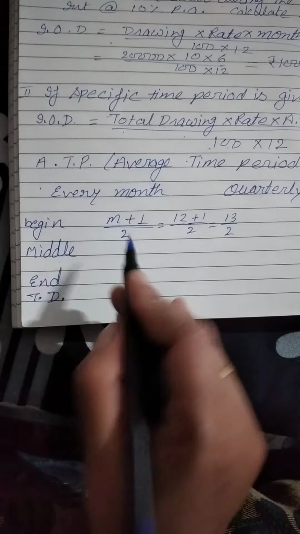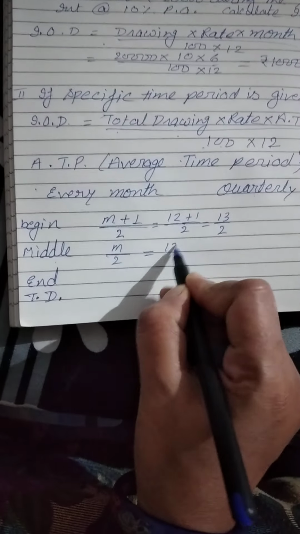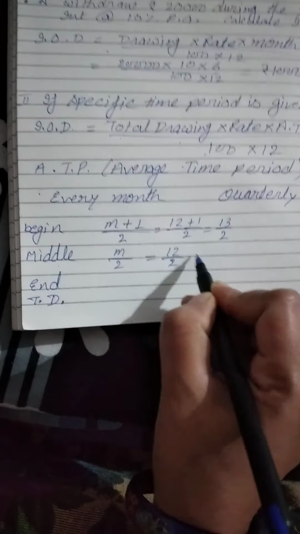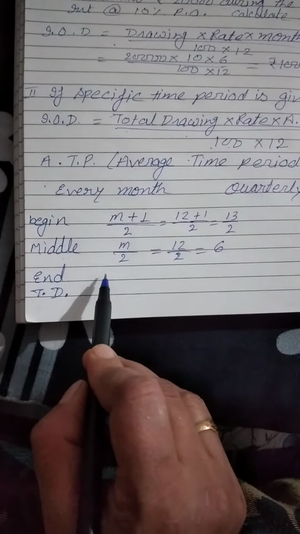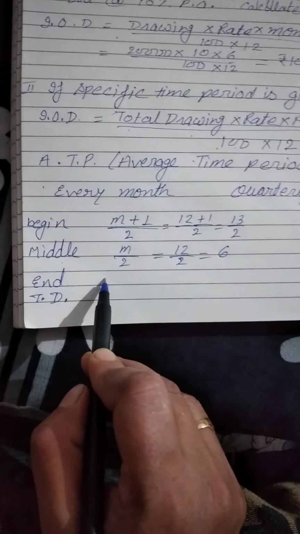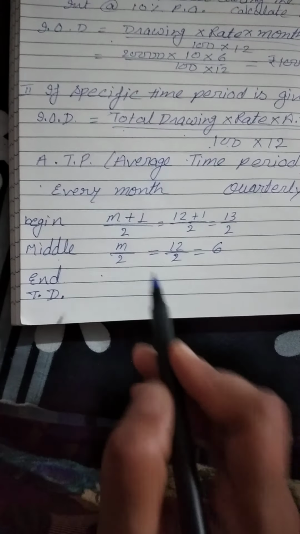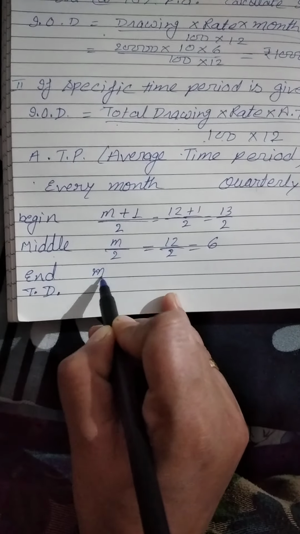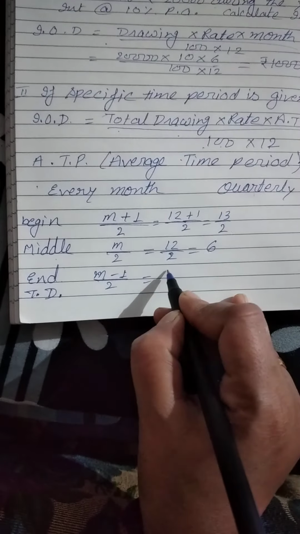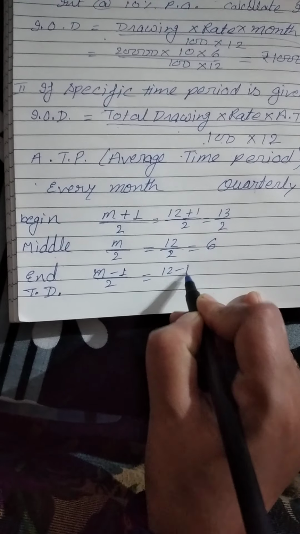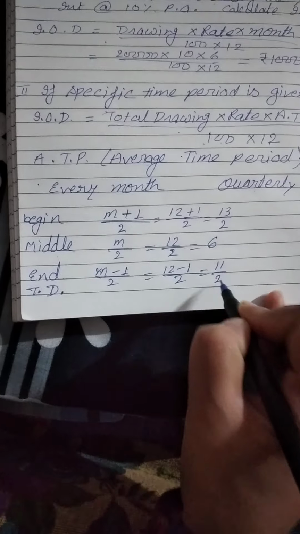If he withdraws at the middle of the month, it means m upon 2, that is 15 days of every month, that is 6 months. At the end of the month, if the partner withdraws on 31st January, that means 1 month is already deducted. It is m minus 1, then 12 minus 1 upon 2 is equal to 11 upon 2.